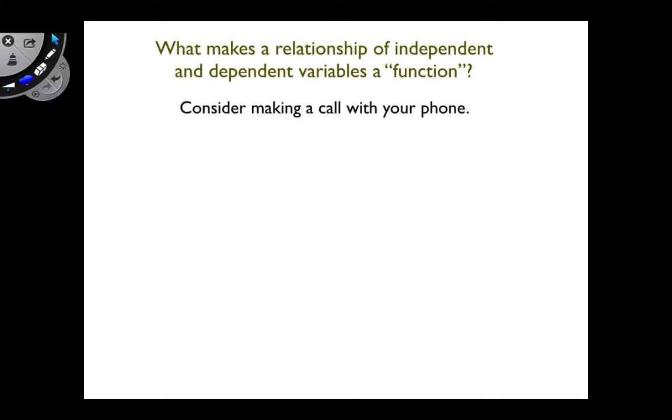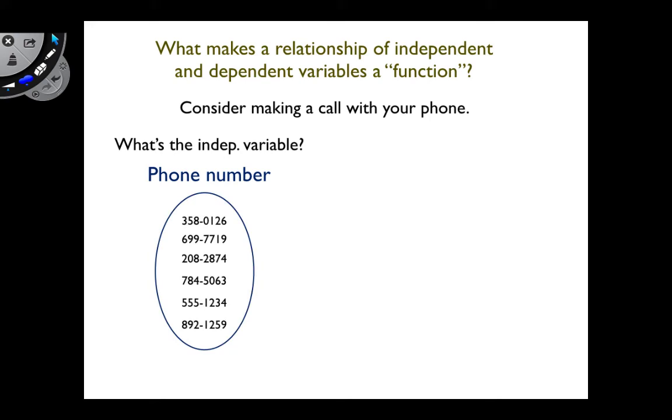Now, maybe it's hard figuring out, maybe it's easy figuring out, but consider making a phone call. And we want to think about how your phone functions. So what you get to choose, if you're going to make a phone call, is, well, what number do you dial? Okay. So that's the part you get to choose, do whatever you want. Sometimes it'll end in this number doesn't exist or some sort of error message.